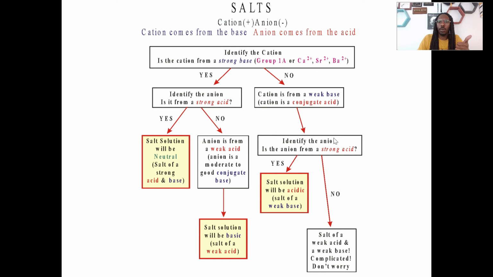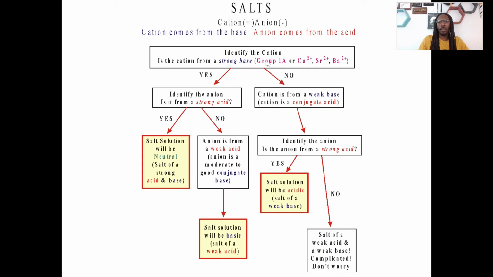So now that we know we got a weak base, we need to ask ourselves, is the anion from a strong acid? If I got a weak base and a strong acid, well, what does that mean? That means that my salt solution is going to be acidic, because the salt of the weak base produces acidic solutions.